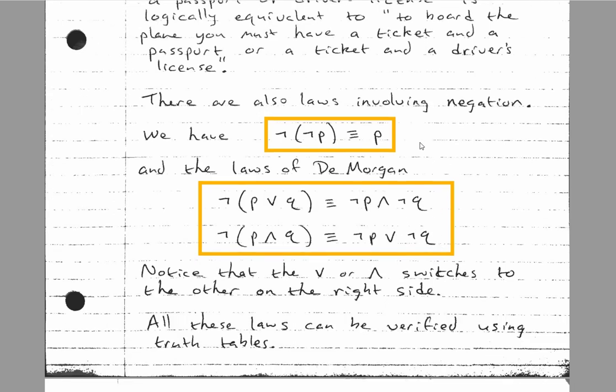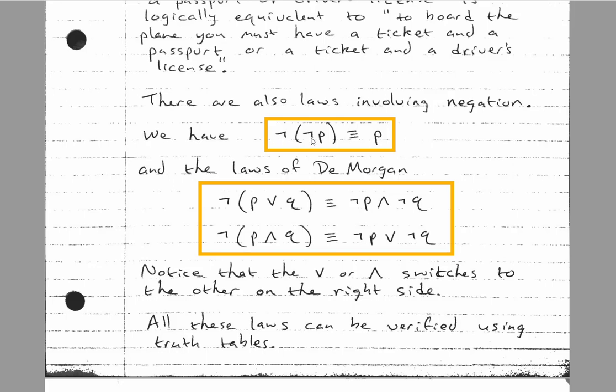Okay, some more laws, this time involving negation. Okay, so remember the negation of a proposition is just it's not the case of the proposition. Okay, so there's a not operation. Alright, so if you apply not, it just switches the truth values, and if you switch them again, you're back to the original.